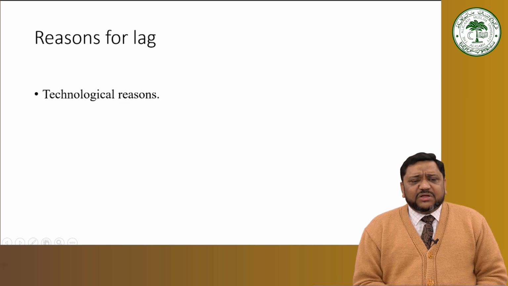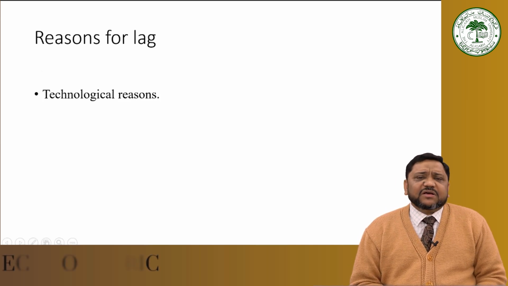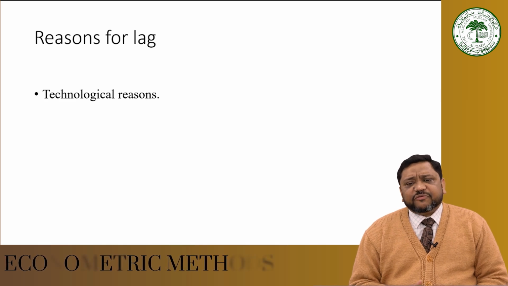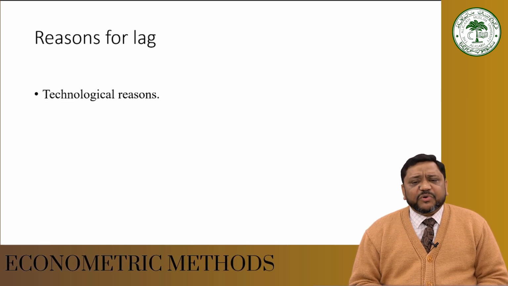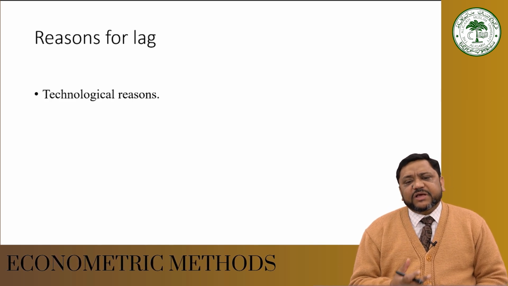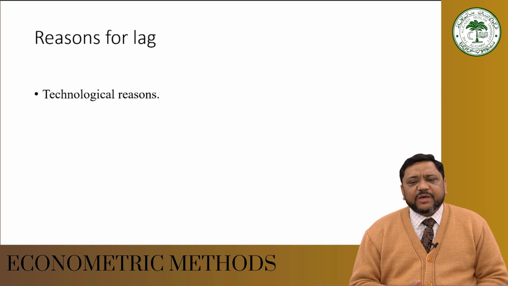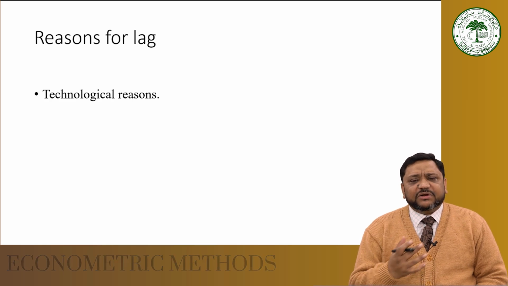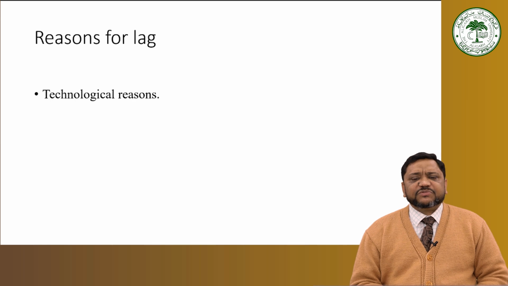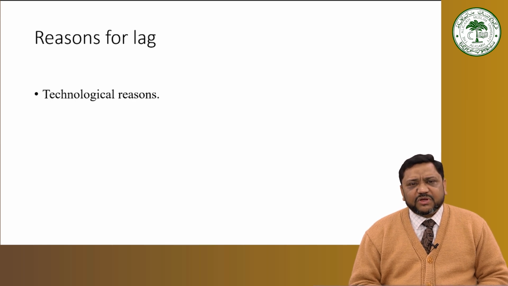Now, it could be the technological lag. Say, production of a commodity requires time, therefore, supply of a particular commodity depends on its production process and the lagged prices of inputs. Say, the price of capital relative to labor reduces. Now, substitution of capital for labor becomes feasible for the producers.